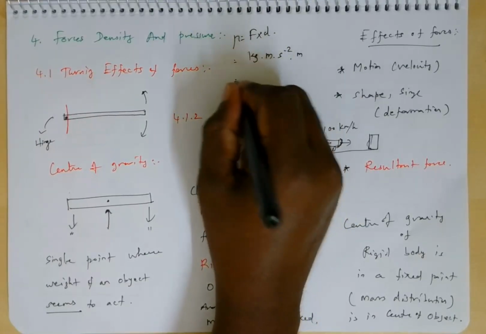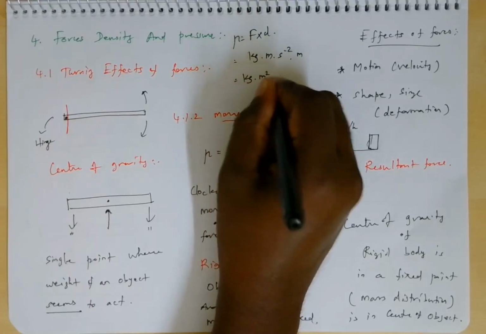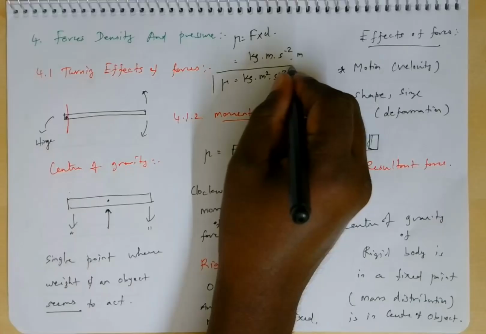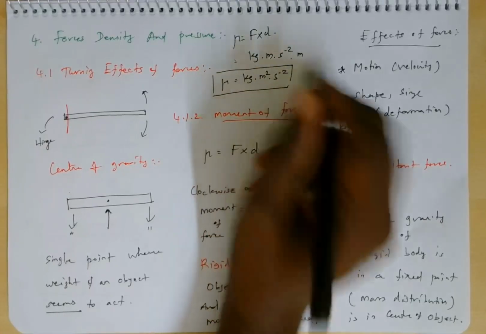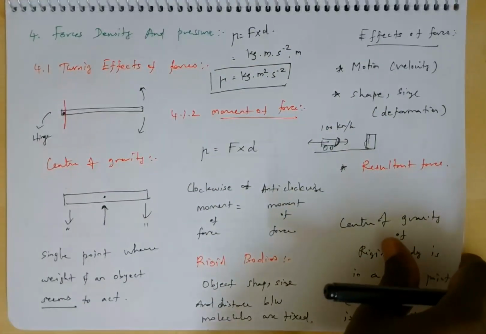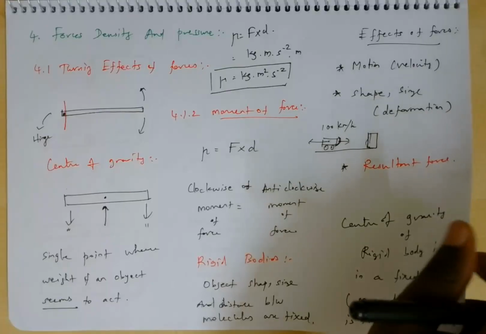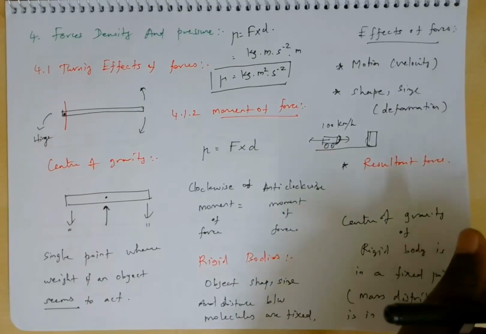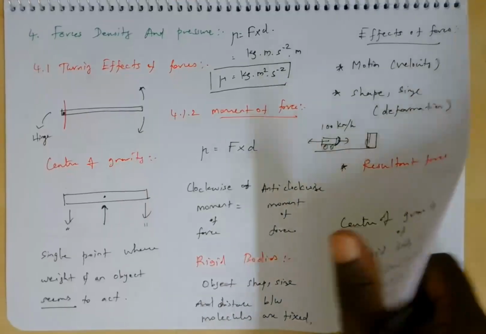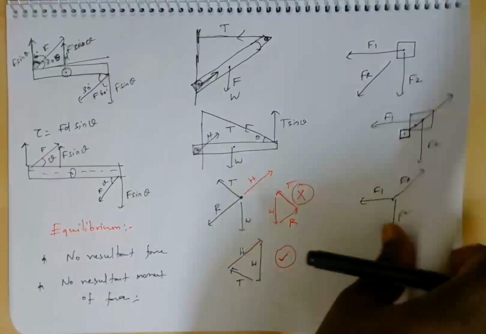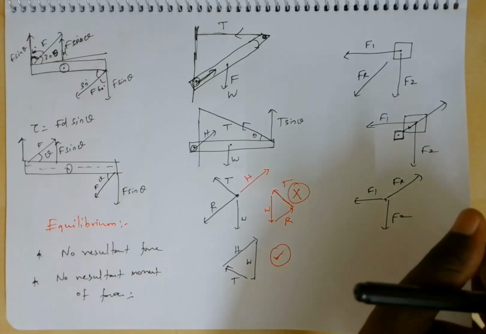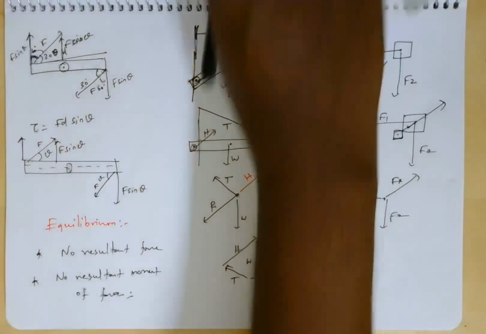So kilogram meter square second power minus 2. So that's the moment of force's SI base unit. So try doing it for momentum, mass into velocity. So kilogram meter per second.